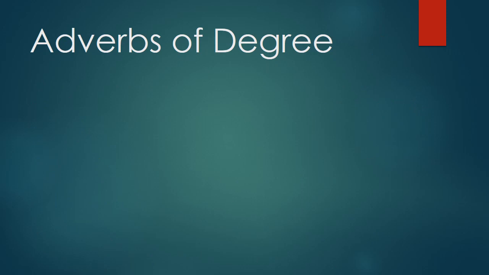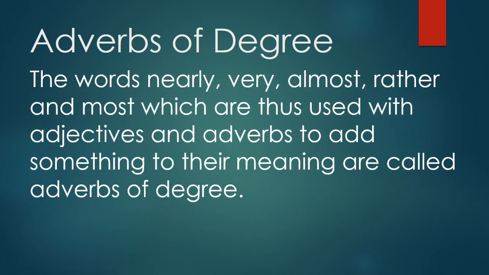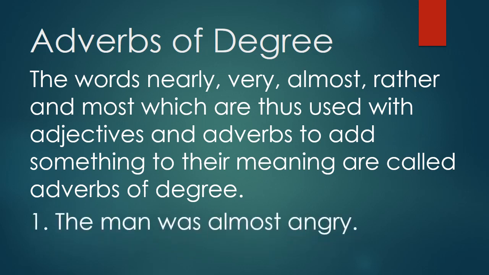Next is adverbs of degree. The words nearly, very, almost, rather, and most, which are thus used with adjectives and adverbs to add something to their meaning, are called adverbs of degree. For example, the man was almost angry.